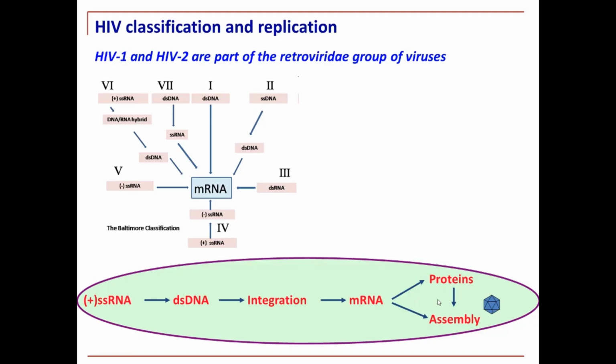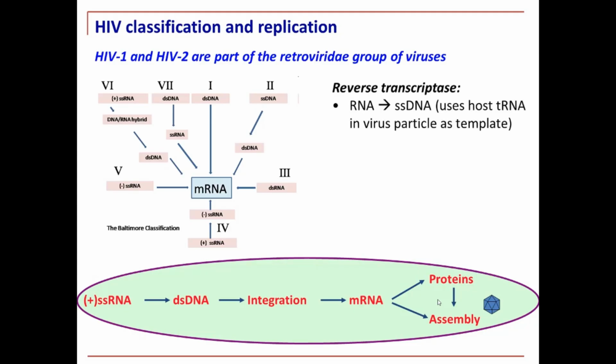And I'm just going to mention 3 little key features because these are very important when we're thinking about treatment, but also just to show how clever this virus actually is. It has one enzyme called reverse transcriptase. This allows it to convert its single-stranded RNA into single-stranded DNA. And so that makes it a very clever thing. Don't worry about tRNA, etc. So it's RNA to single-stranded DNA.